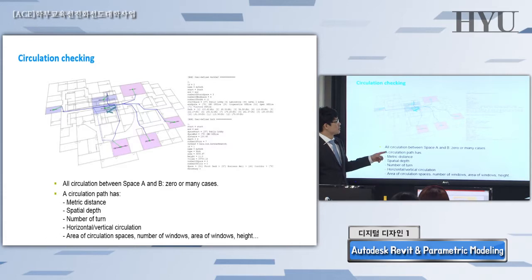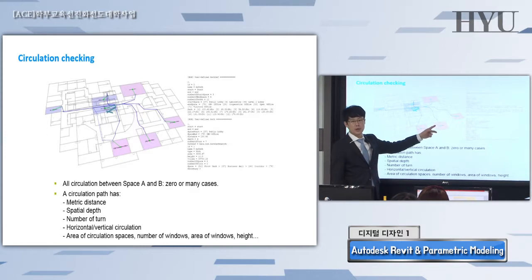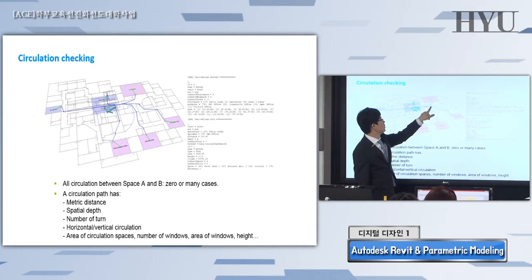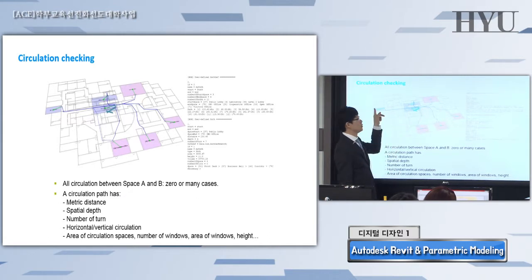And next one is circulation analysis. This is a circulation path graph. This graph can be generated by computers, simply because computers know this space has a door related to this corridor, and another door passing by, and goes through this space this way.